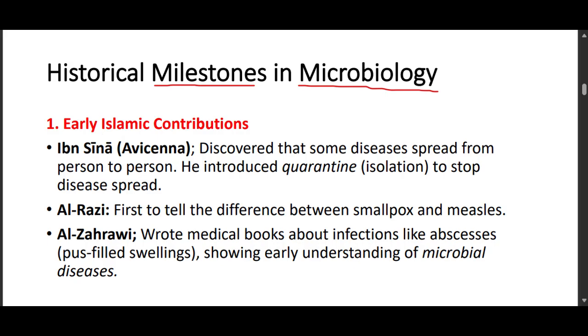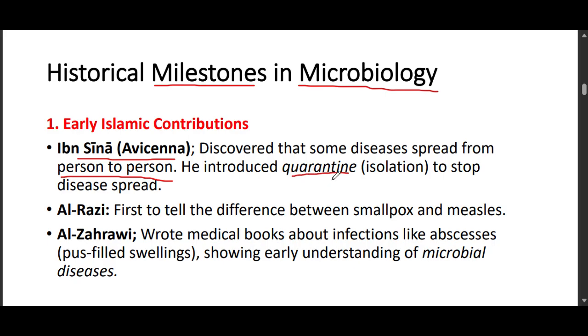As far as early Islamic contributions are concerned, the first one is Ibn Sina. This person discovered that some diseases are able to spread from one person to another. So when he discovered this, he introduced what we now call quarantine, which just refers to isolation.